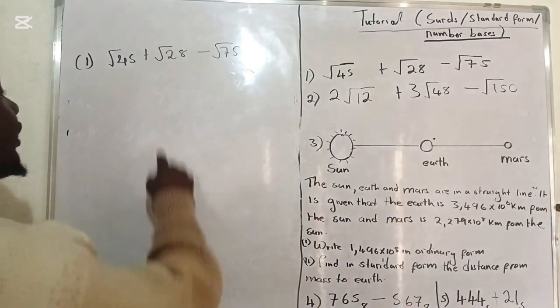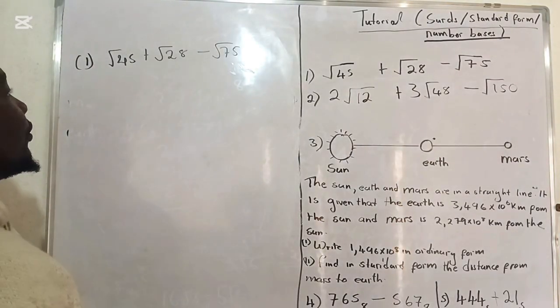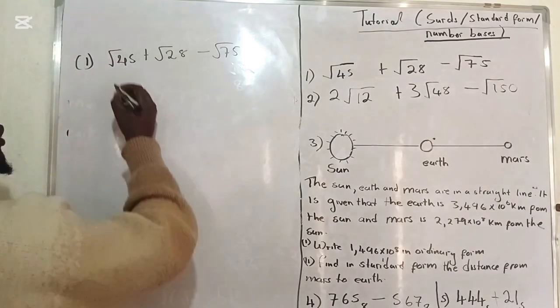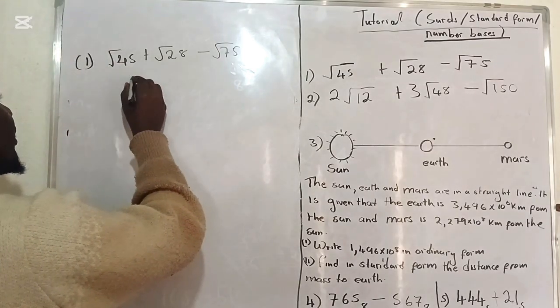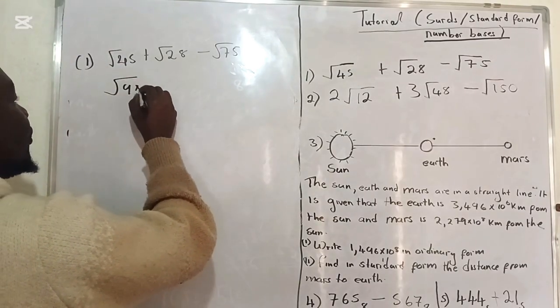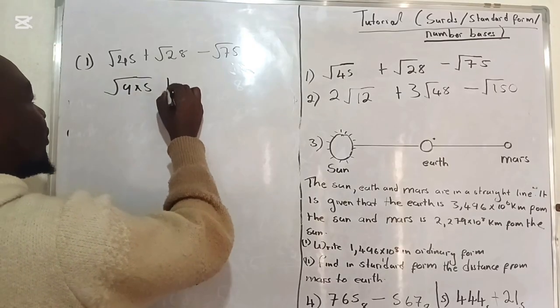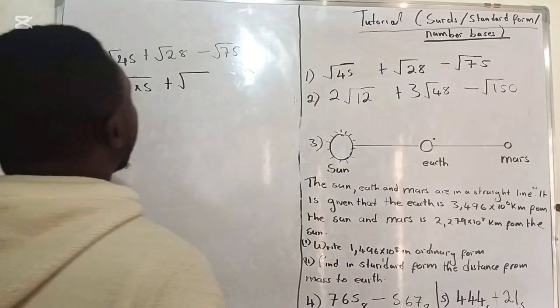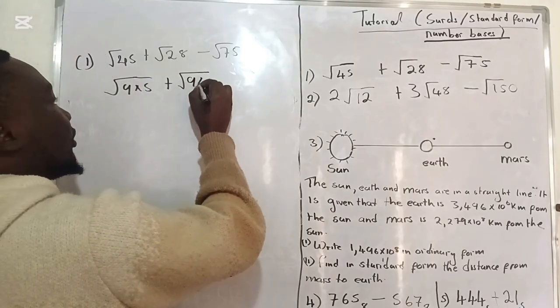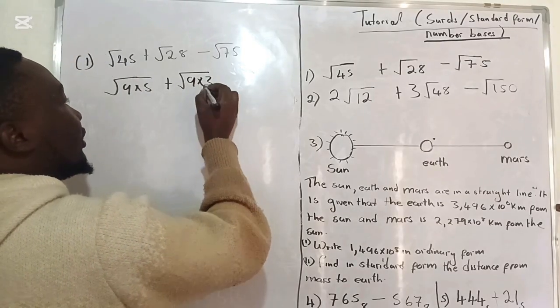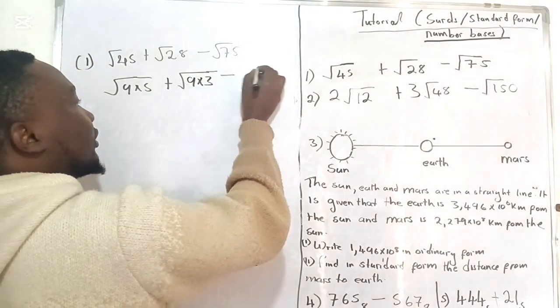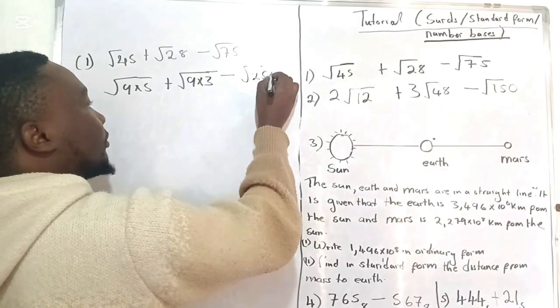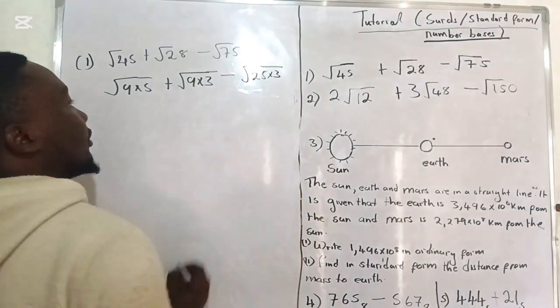So let's perform the addition and subtraction operation on numbers that are in surd form. So 45 can be expressed as root 9 multiplied by 5, plus square root 28 can be expressed as 9 multiplied by 3, and 75 can be 25 multiplied by 3.